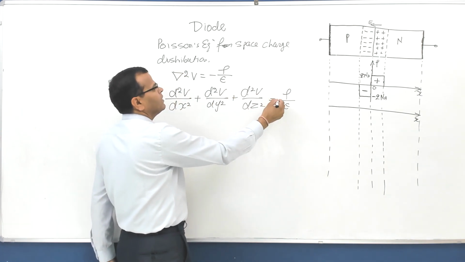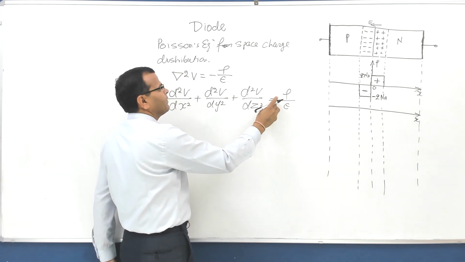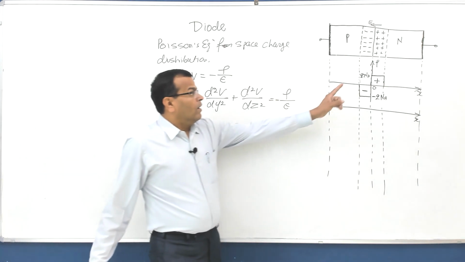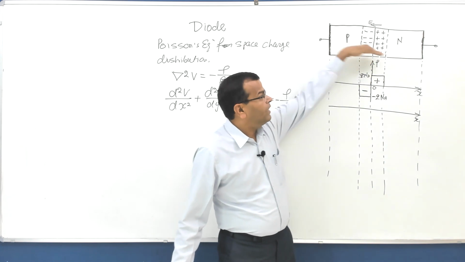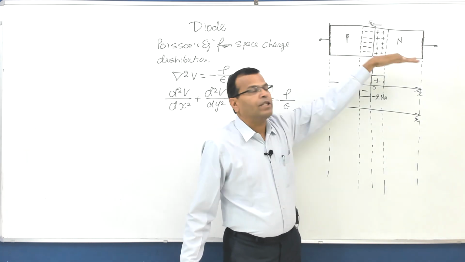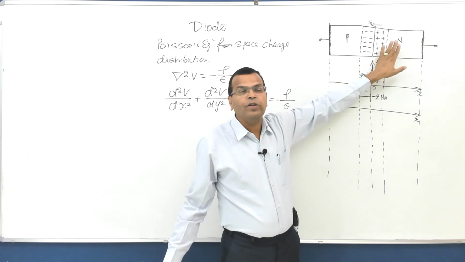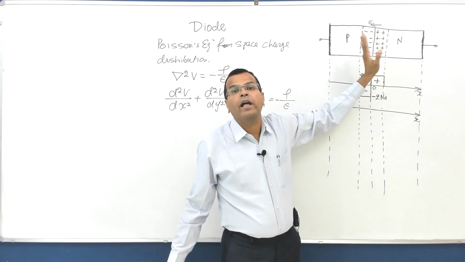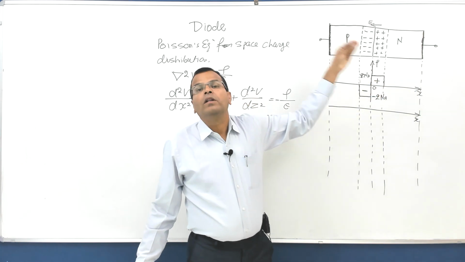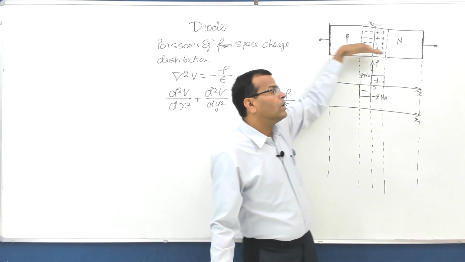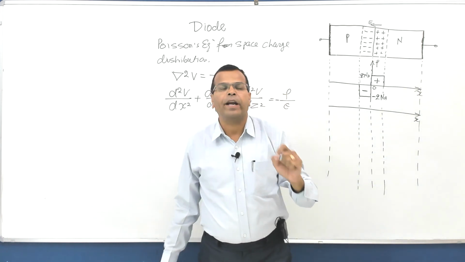But please remember this is minus, negative. Now this charge is varying in the x direction, but if you consider three-dimensional space, there is no variation of the charge in y and z direction. That is our assumption. The charge inside the depletion layer is varying only in the x direction.